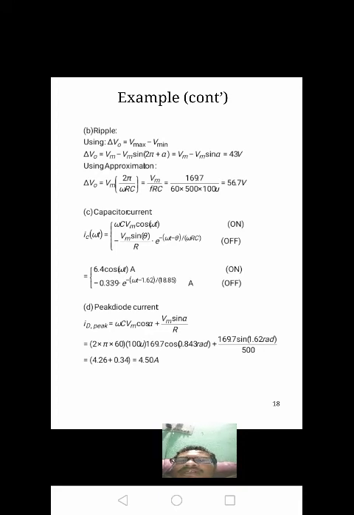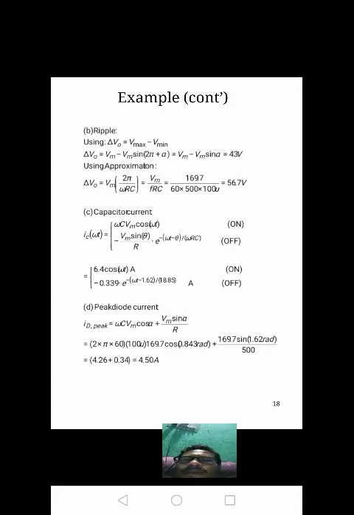Using the approximate solution, delta V0 is directly Vm by fRC. With Vm as 169.7, frequency 60, R 500 and capacitor 100 microfarads, we get 56.7 volts. The exact value is 43, and the approximate formula also gives the ripple voltage as 56.7 volts.